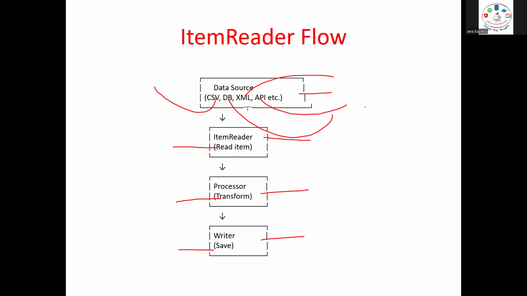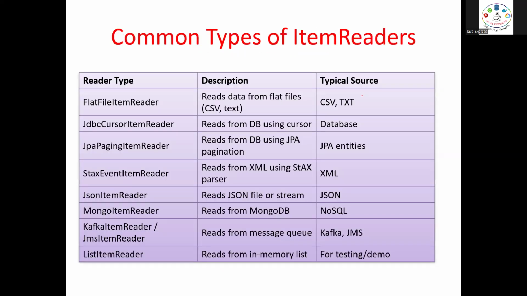So what are the common implementations of the item reader? Spring Batch supports multiple item readers, with predefined classes available. You need to utilize the one required in your use case.